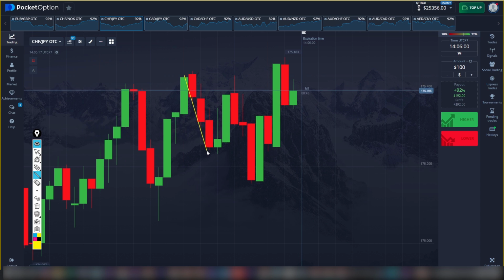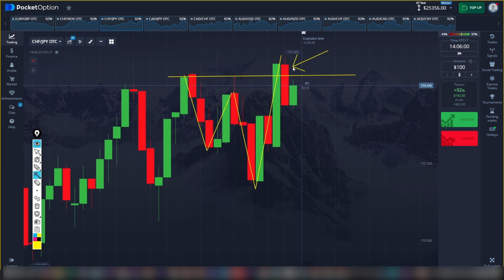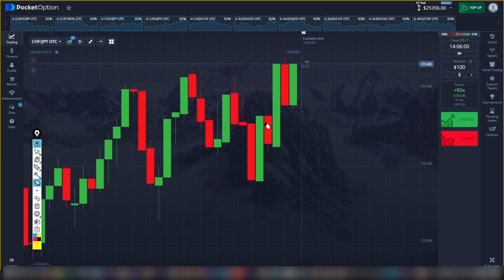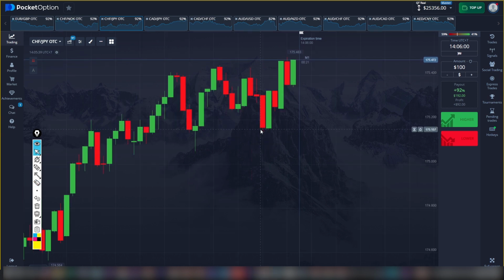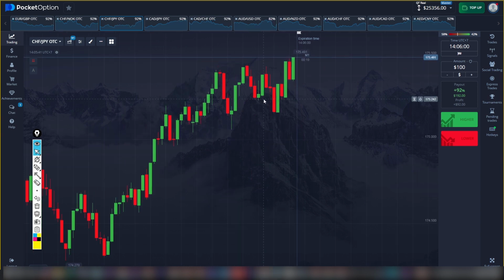This is the low and it broke resistance, and this is the best entry for me. This is a good entry.